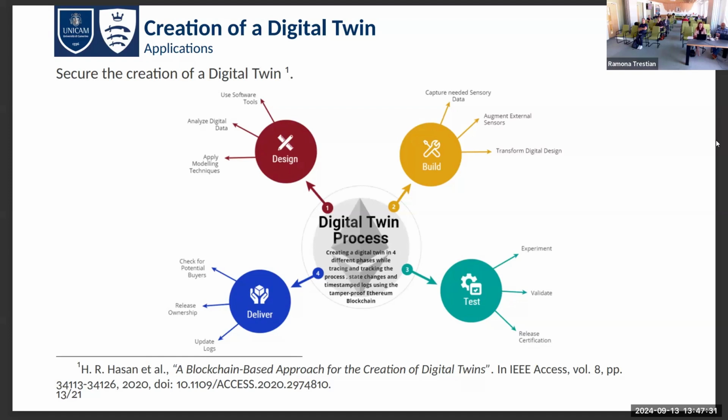In this way, every actor that needs to interact with the digital twin has the possibility to verify the building phases and decide, for example, to trust if the design phase was successful, if the phase was done in the proper way, if the test phase is maybe, for example, expensive, and then clearly the delivery process where the digital twin arrives to the final use.